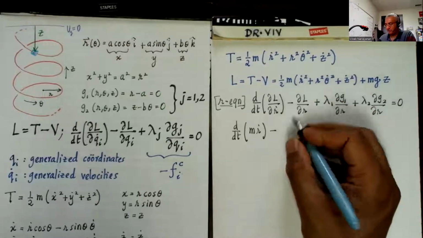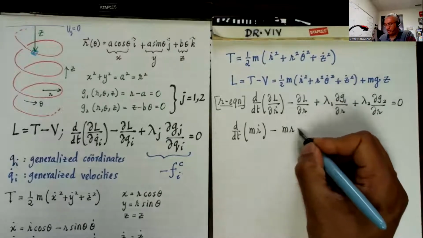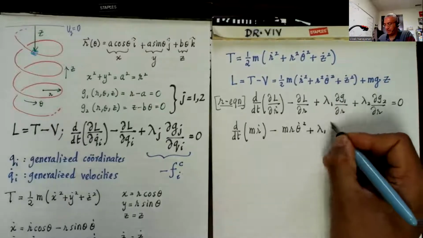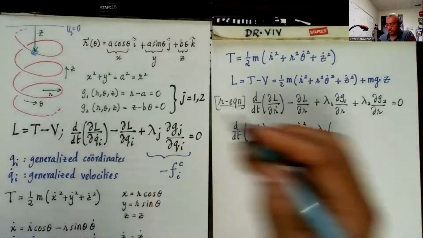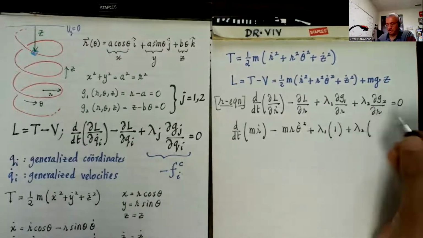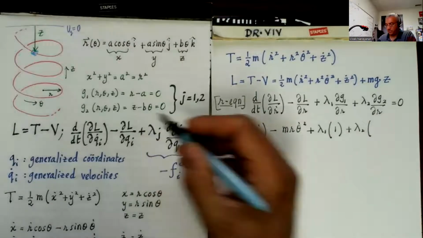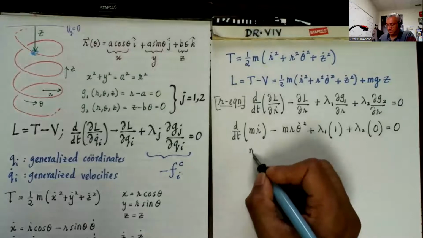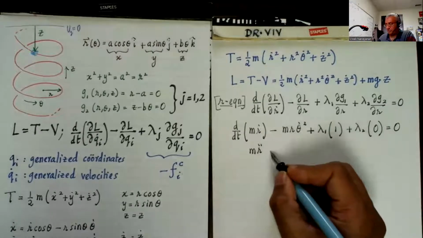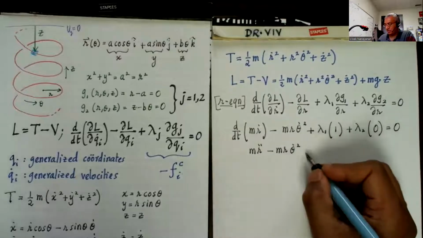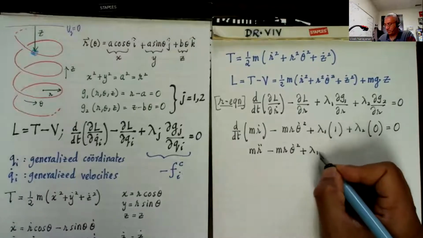So I get m r theta dot squared plus lambda 1 times del G1 over del r, which is just 1, plus lambda 2 times del G2 over del r. There's no r at all, so that's 0. So I get m r double dot minus m r theta dot squared plus lambda 1 is equal to 0.